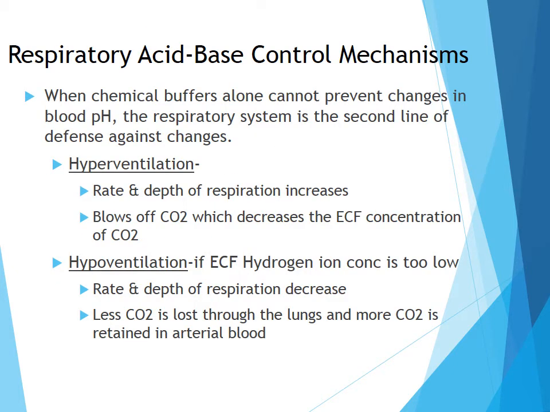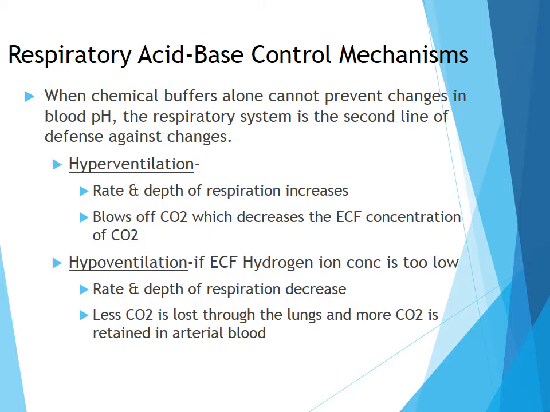The different ways that our respiratory acid-base control mechanisms work is through hyperventilation and hypoventilation. When chemical buffers alone cannot prevent changes in our blood pH, and we were talking about those buffers, they can work through two different mechanisms. The respiratory system kicks in, and it's our second line of defense against any acid-base changes. The first way that our respiratory system works is through hyperventilating.